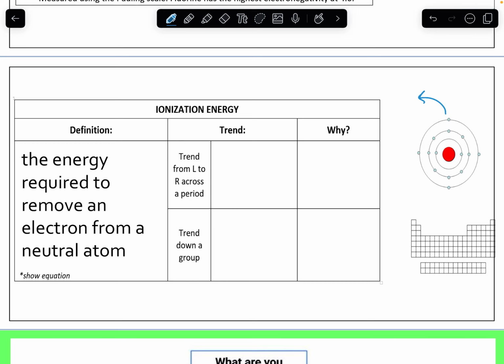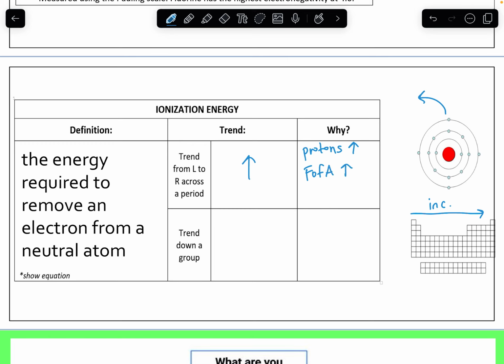So we're going to think about our trend as we go from left to right across. This is going to increase. Okay, so it's increasing from left to right. Why is that? Well, let's think about it. We have to compare our protons because we're talking about across a table, right? Our protons are increasing, which means our force of attraction is increasing.